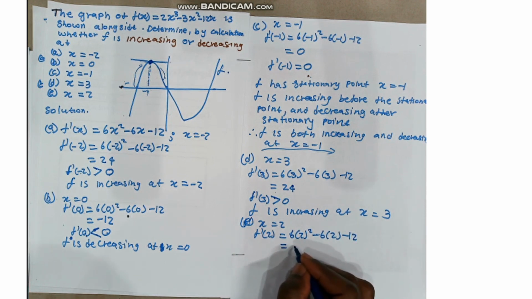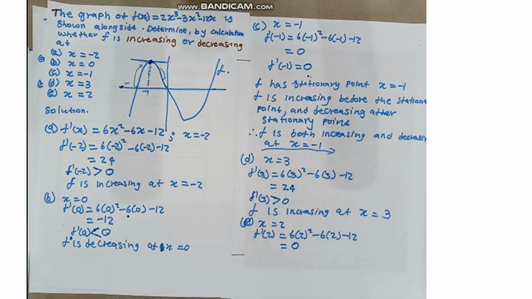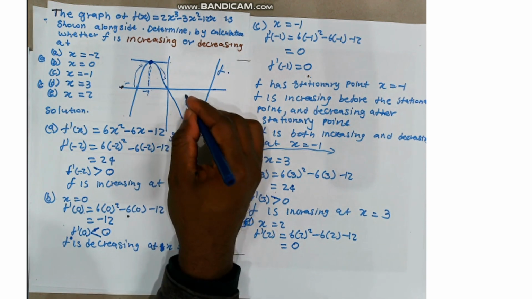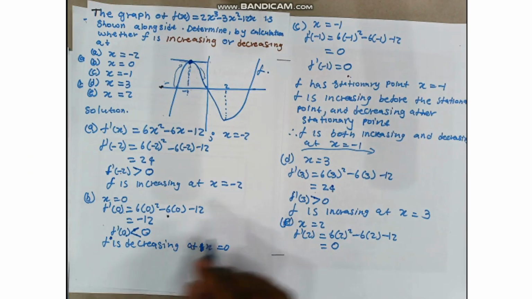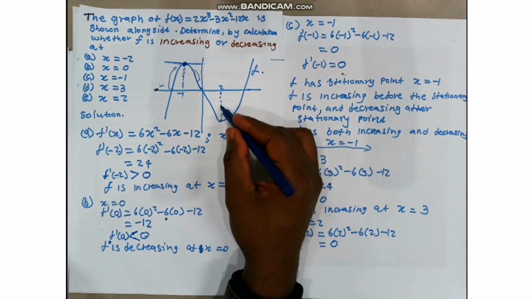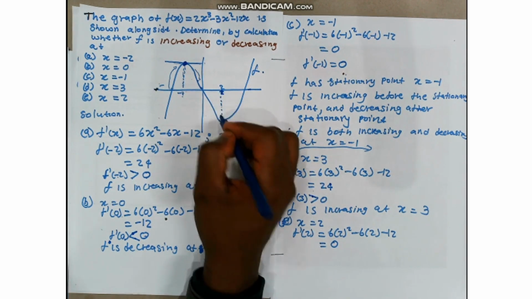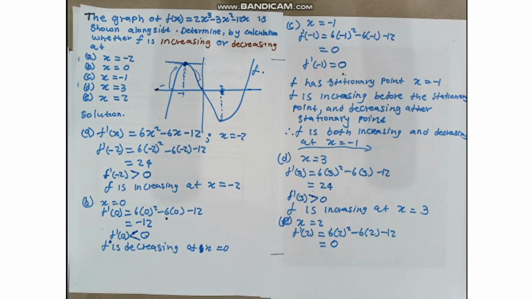This here we get what? 0. As you can see, if you calculate it out, you get 0, which is where x is equal to 2. This is where you get another stationary point.